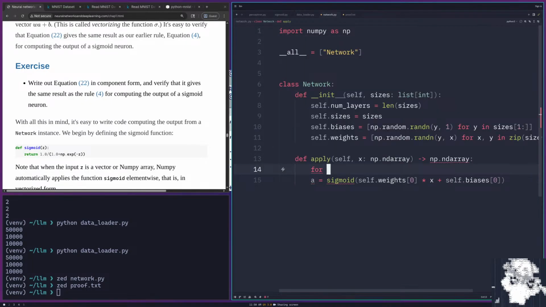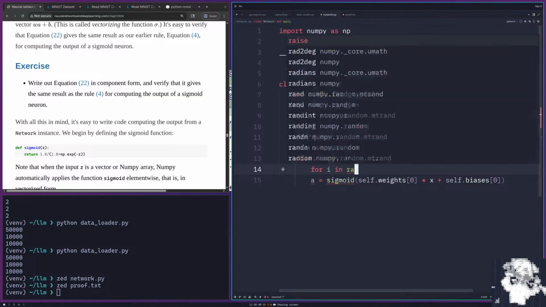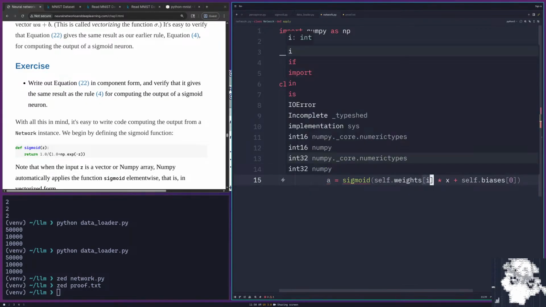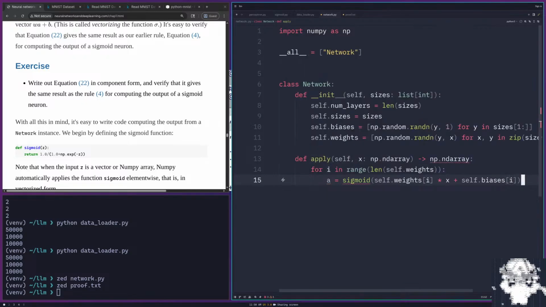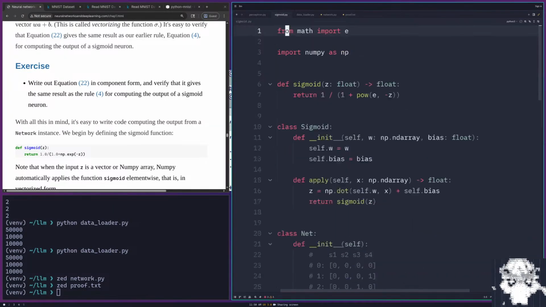We're gonna go for i in range len of either weights or biases. It's the same. Weights of i, biases of i. Let's copy this sigmoid from out here.